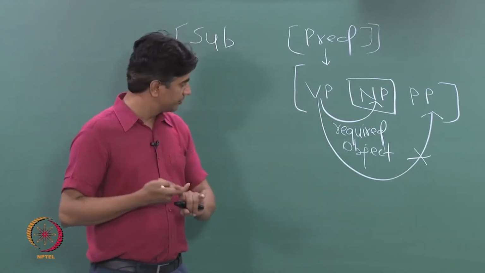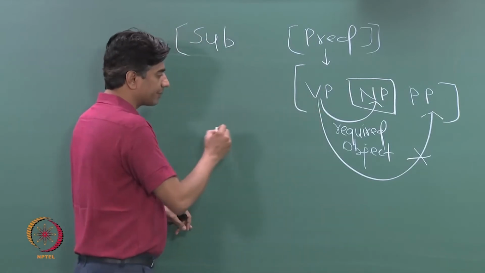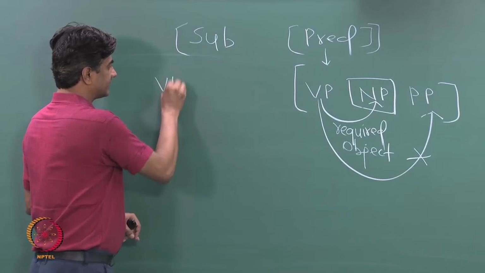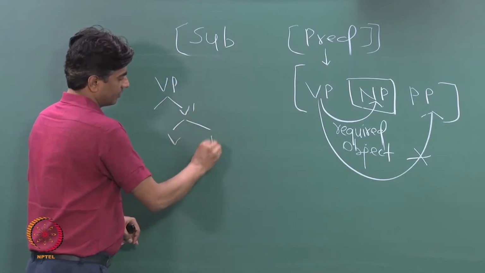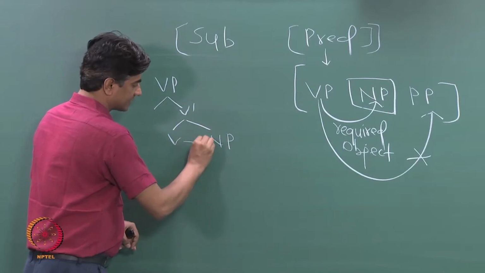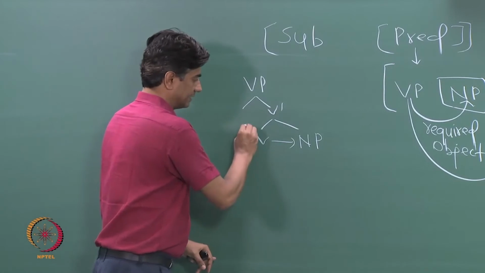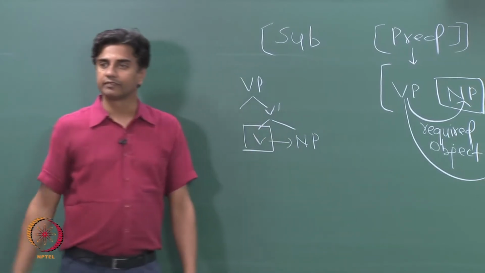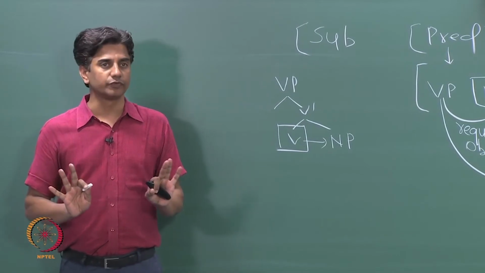I assume you understand that inside the VP, what sub-categorizes this NP is the head V. Still with me? No issues so far?